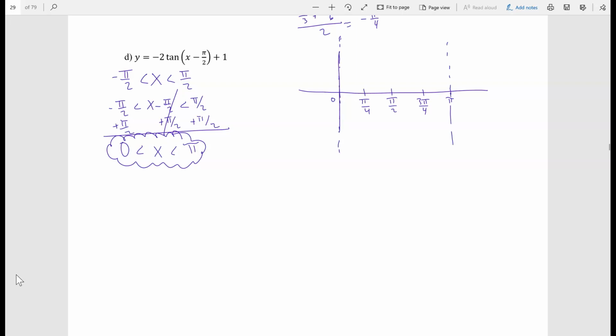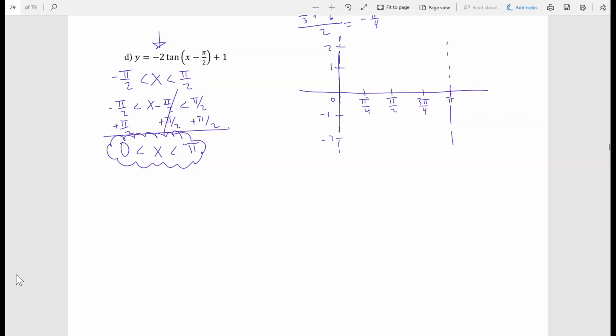Now before I start drawing, notice that there's an amplitude change: there's a negative 2 in there. Before, there was a 1 and a negative 1. Now this is going to be a 2. Initially, the first point at pi over 4 was at negative 1.